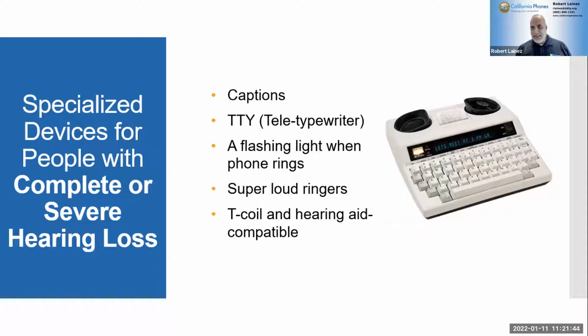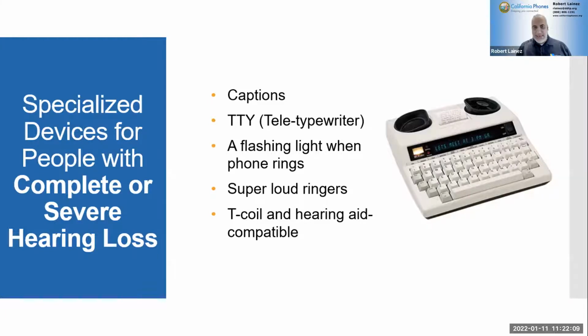That is as simple as dialing 711. We have different devices also, like I mentioned, super loud ringers. We have phones that have compatibility with T-coils or cochlear implants as well.